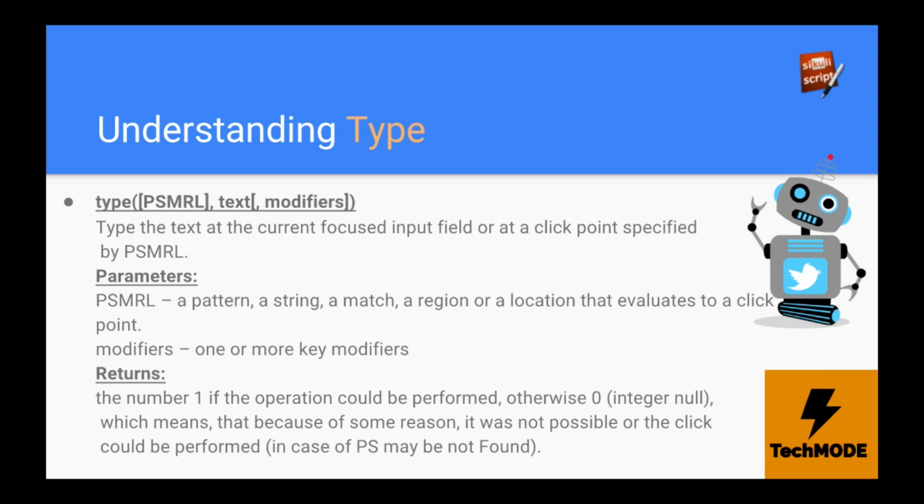It's going to return a number if the operation could be performed, otherwise it will return 0. So you can use it according to your if condition. As you already know, Sikuli scripts are basically Python scripts, so you can check with the logic that if it returned 0, the typing is not successful, and if it returns 1, typing is successful, and you can move forward with the next step.